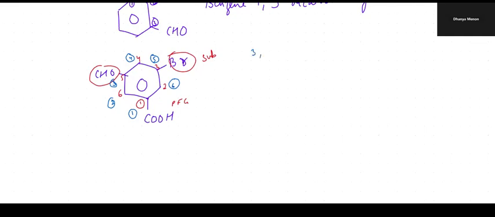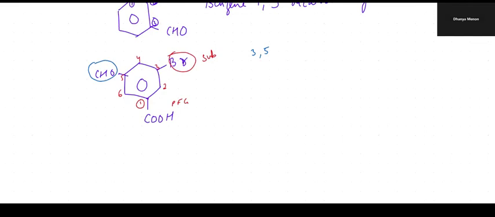So we number according to the alphabetical order. We will use the red numbering here, because the substituents definitely are getting the third and the fifth position. One, of course, is the acid because it's the primary functional group. So either way we number, the aldehyde and bromine are getting third and fifth position.